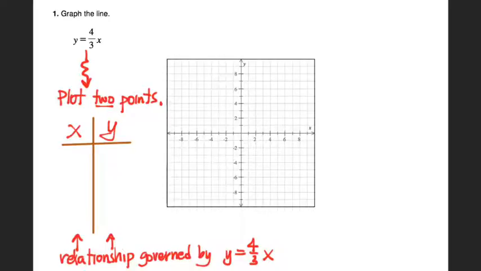But the thing is, if I want to plug something into this formula, what do I plug? And where should I plug it? Because there's a relationship between the numbers in the two columns here, the x's and the y's, we don't get to pick what goes in both columns, but we could pick what goes in one of them.